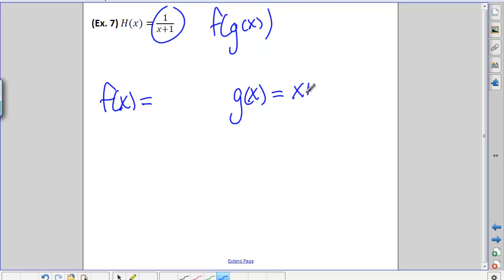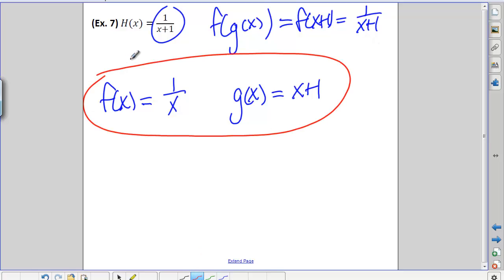So let's make that the inside function, x plus 1. And then the outside function, the second step, is you take that result and divide it into 1. So we could represent that by just saying 1 over x. So now if we do f of g of x, that's f of x plus 1, which is just 1 over x plus 1. So that checks out. That's our answer for this one.